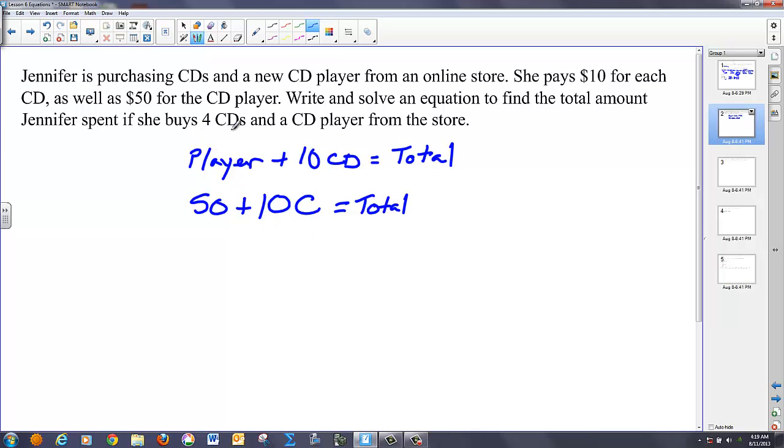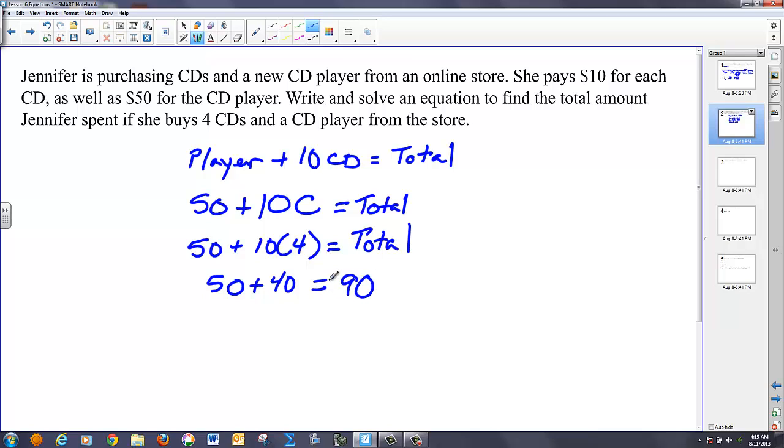But they tell us she's going to buy 4 CDs, so I can just make a substitution and say 50 plus 10 times 4 is going to equal my total. And since I have an equal sign once again, this is an equation. So I have 50 plus 40, which is equal to a total of $90 spent.